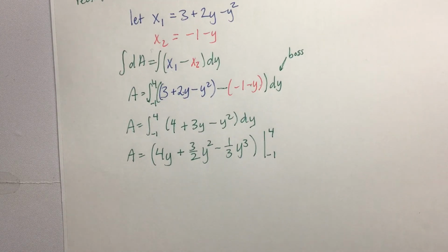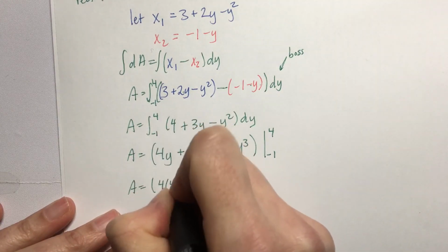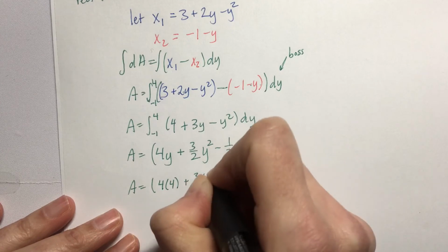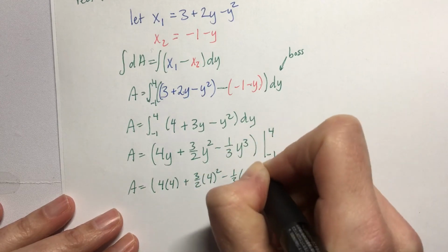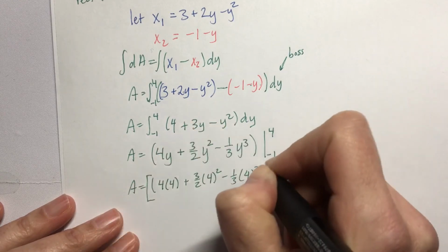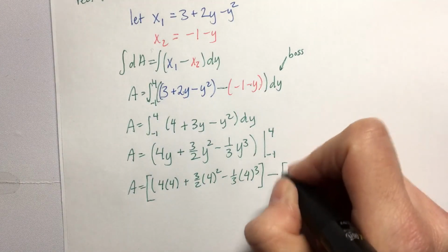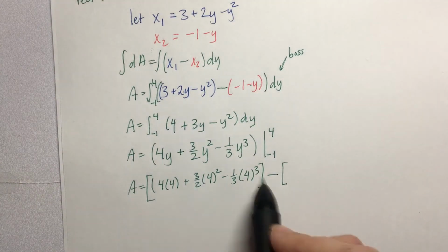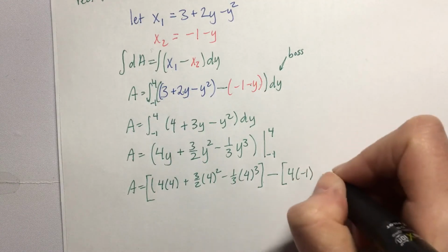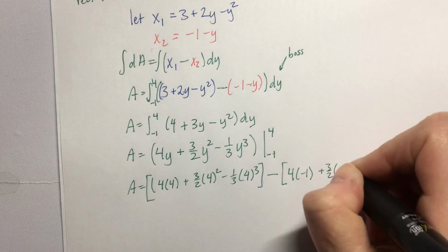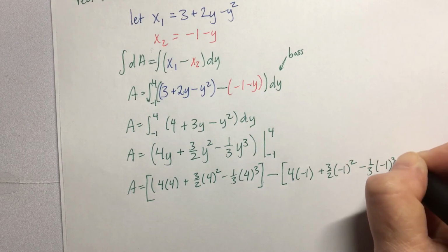Then I can plug in my 4, so my area is 4 times 4 plus 3 halves times 4 squared minus 1/3 times 4 cubed. Be super careful here because with a -1 there, it's so easy to make a mistake in plugging things in. I like putting some square brackets just because it's visually different. And then 4 times -1 plus 3 halves times -1 squared minus 1/3 times -1 cubed.